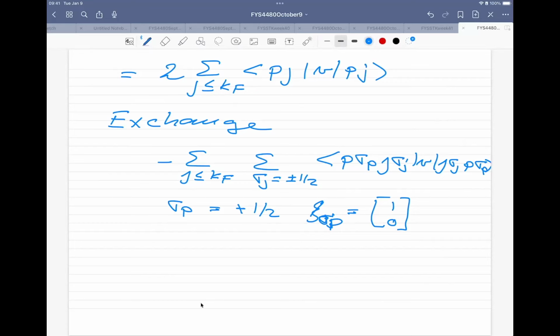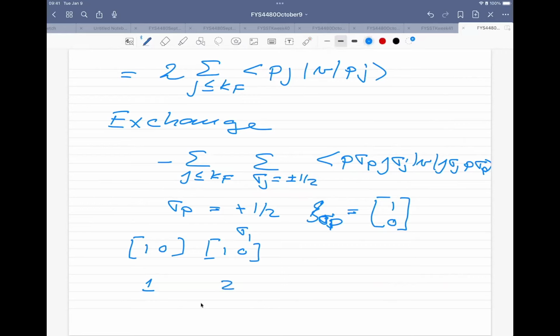So if we look at the spin degrees of freedom, then what we are going to have is something which looks like this, 1, 0. And I'm putting particle 1 here. Now there will be a contribution from sigma j. So we could now have a sigma j here. So this is sigma j, which is also 1, 0, because we are summing freely here. So this is particle 2.